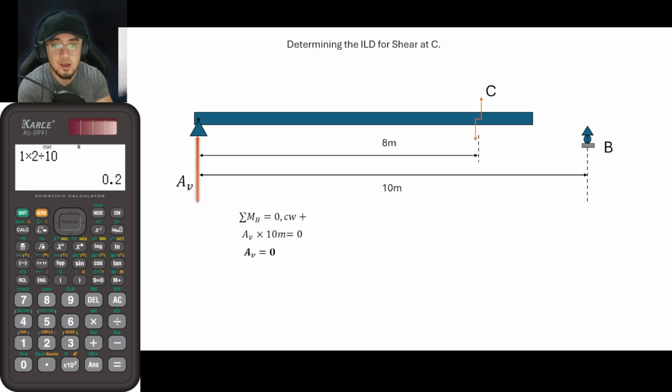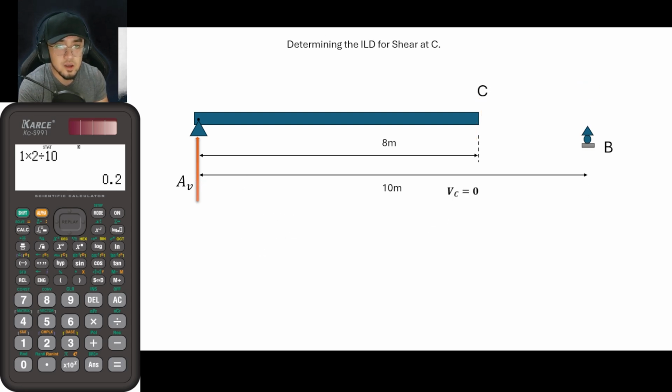Proceeding, upon cutting a section here, summation of forces vertical, upwards positive. Do we have any forces here? Basically, we do not have any forces present here because once again, this is equal to 0. So we could now say that VC is equal to 0 if the load is located here.